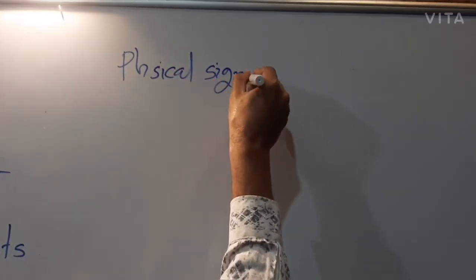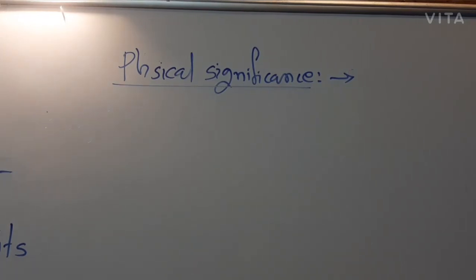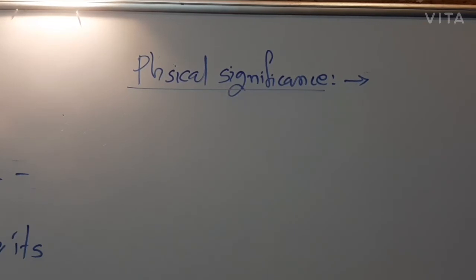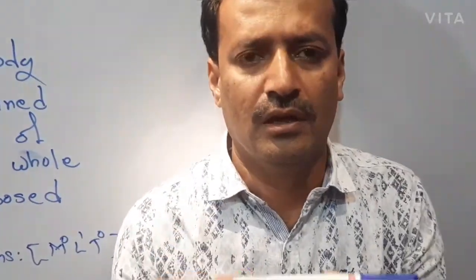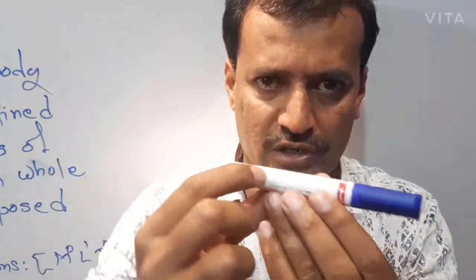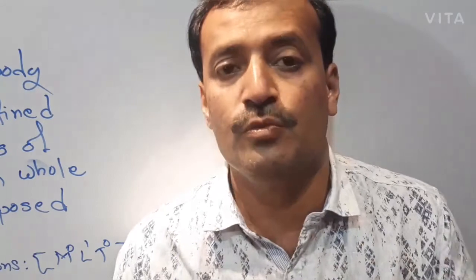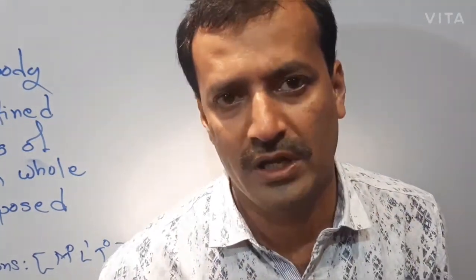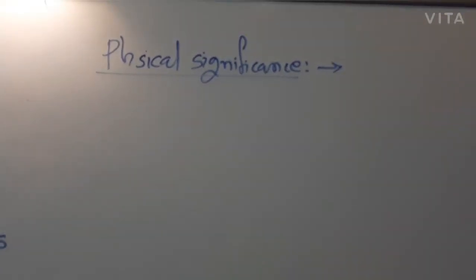Physical significance. If we are interested only in the distribution of mass from the axis of rotation, suppose that this is an axis of rotation, where is the mass distributed, close to axis or wide from axis?